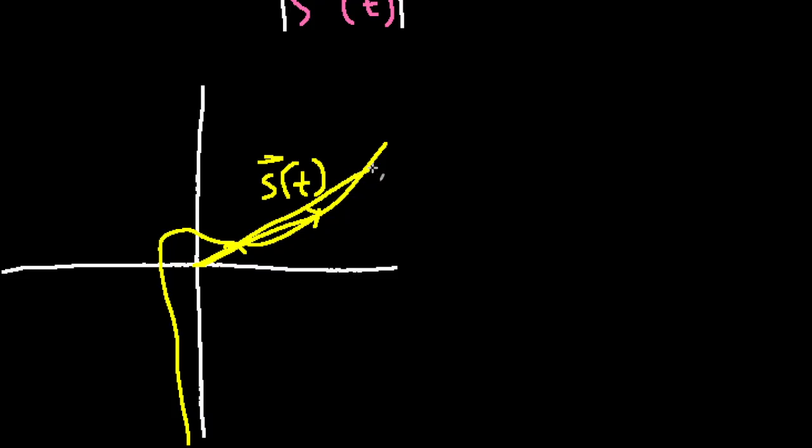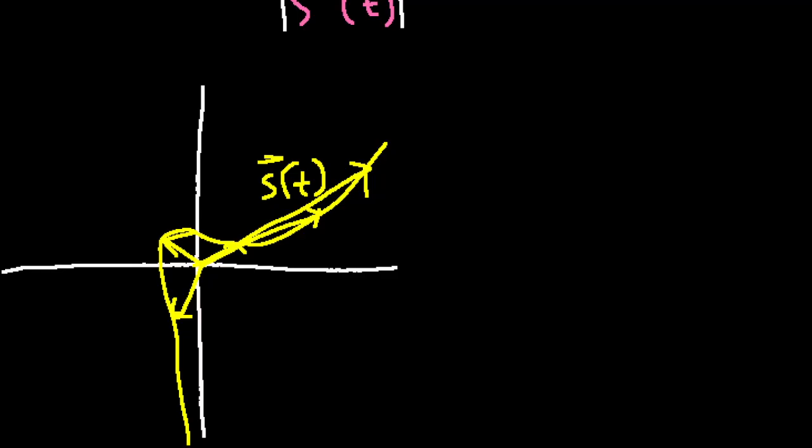And then another arrow over here pointing there, and maybe like this, and maybe like this. Okay, so we've got an idea of what it looks like to travel along this curve.